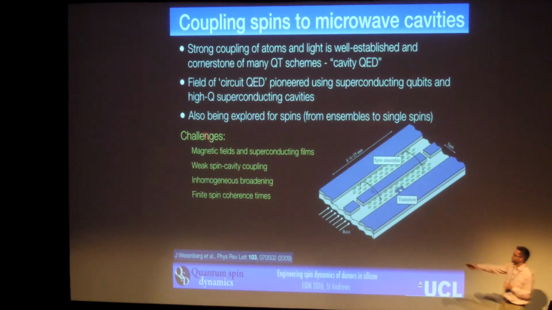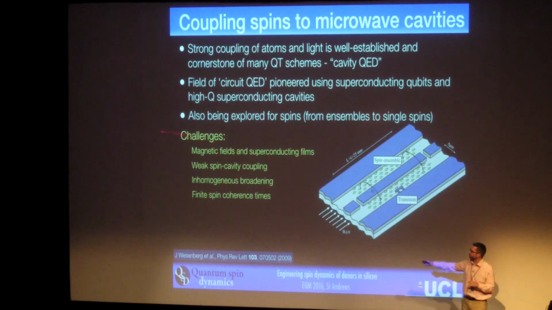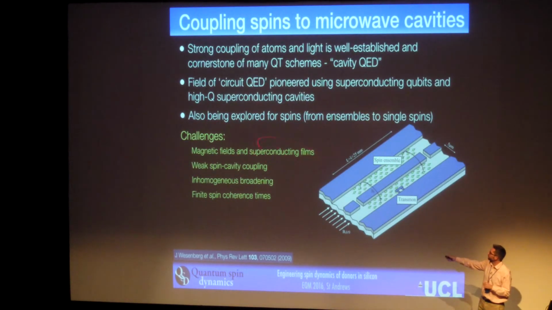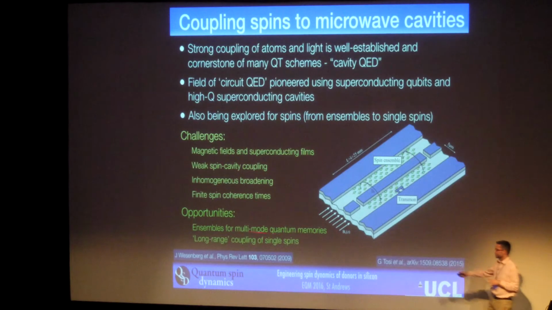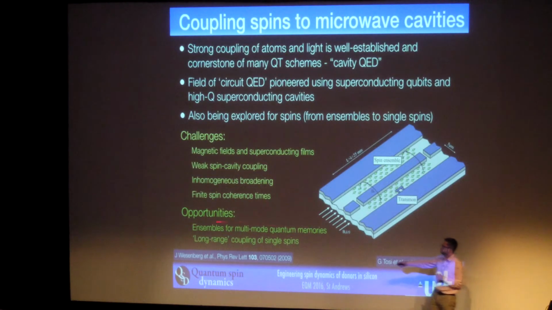But there are various challenges here. First of all, you tend to apply magnetic fields, and superconducting films don't necessarily like magnetic fields. The coupling between spins and the cavity is always very weak compared with electric dipoles. You have problems with inhomogeneous broadening, finite spin coherence times. But despite all those challenges, if you can do this, there are opportunities in making multimode quantum memories using spin ensembles, or even long-range coupling of individual spins.